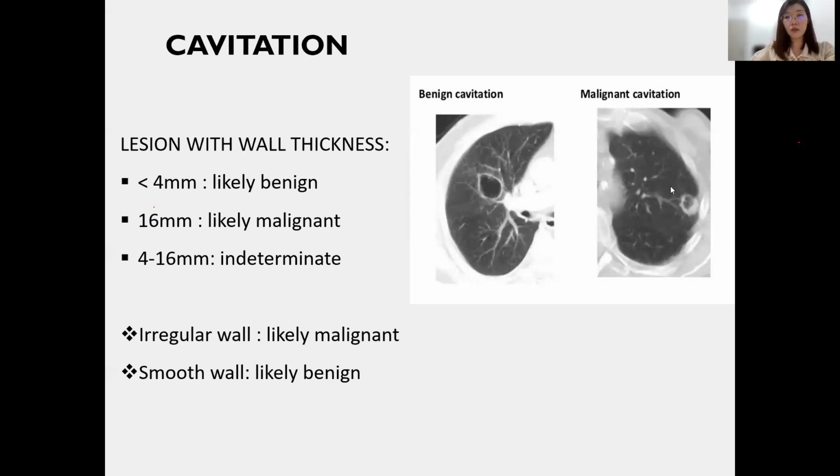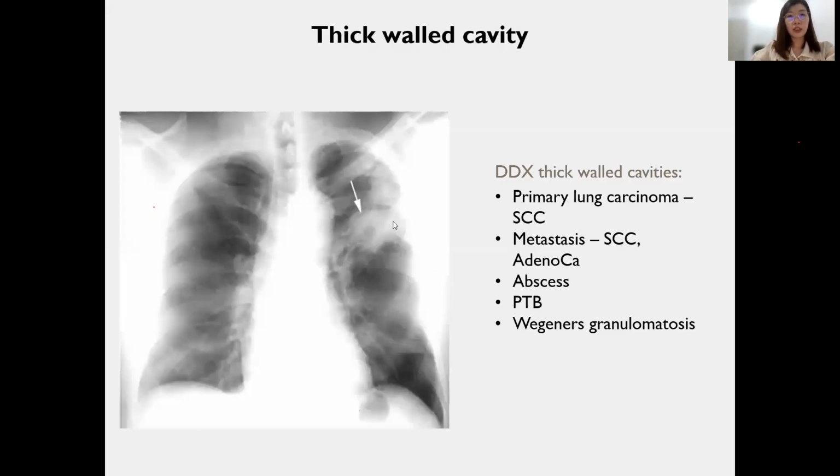If irregular wall, likely malignant. If smooth wall, likely benign. Thick wall cavity, for example, small cell CA, is sometimes presented as a thick wall cavity lesion. Metastasis also, then next will be abscess or pulmonary TB cavity or Wegener's granulomatosis as well.